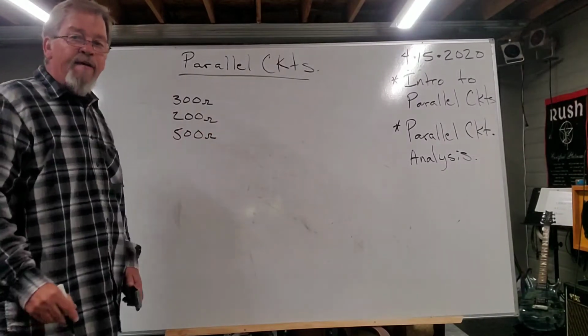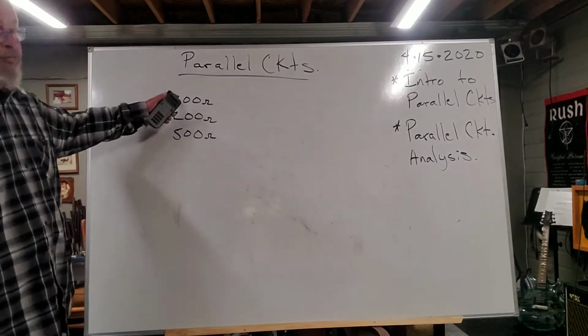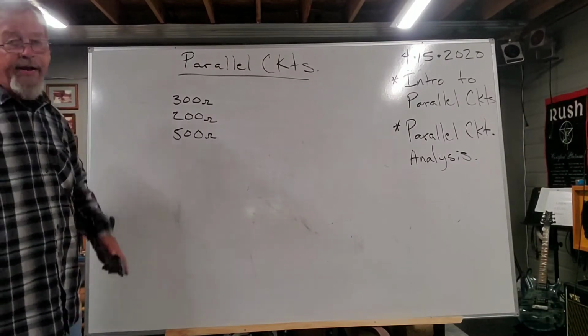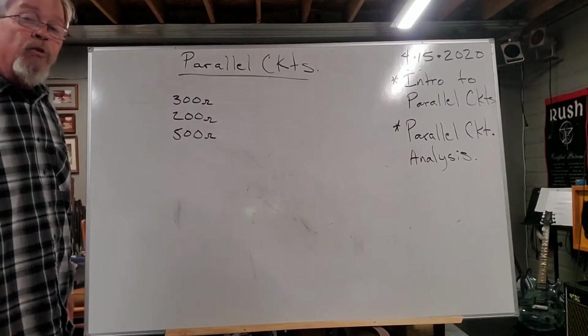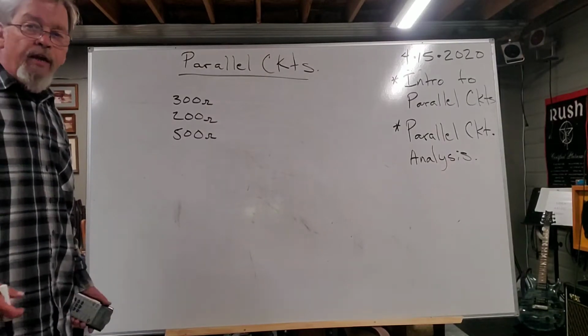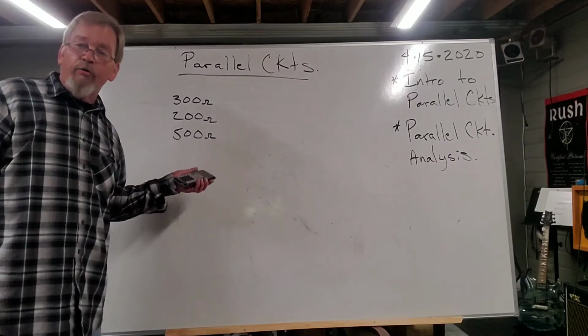Let's say we have these resistance values, a 300, a 200, and a 500 ohm resistor in parallel. This would be the key sequence in order to find the total resistance.